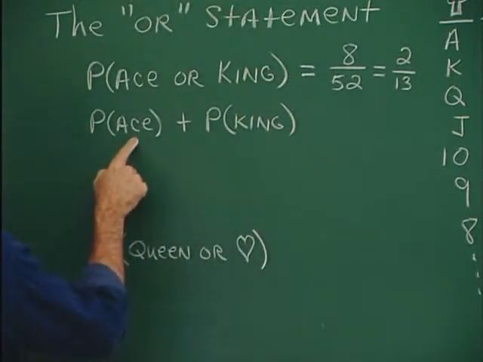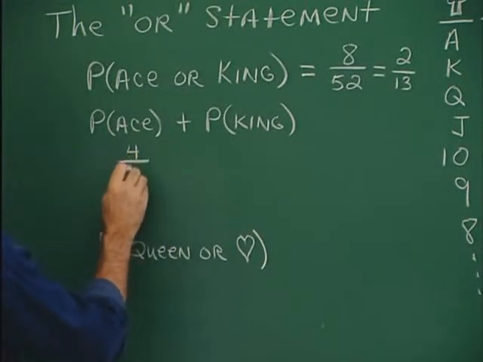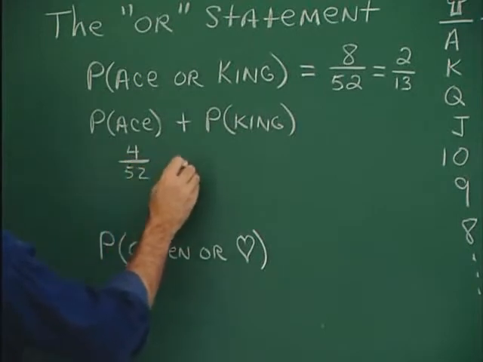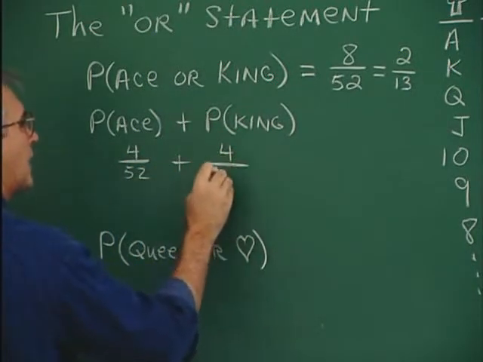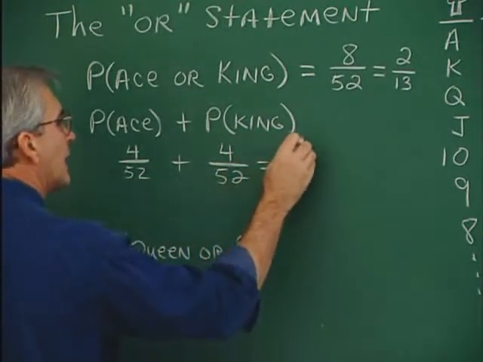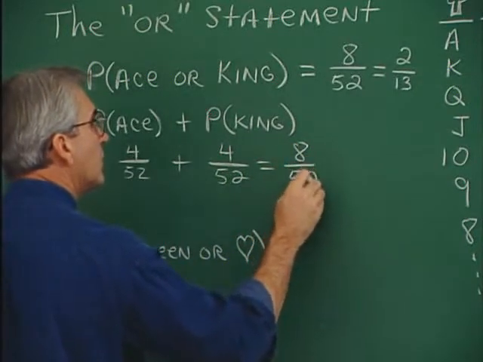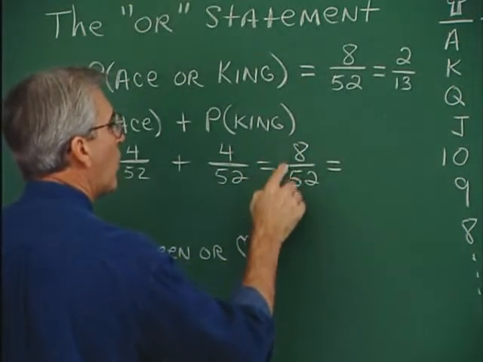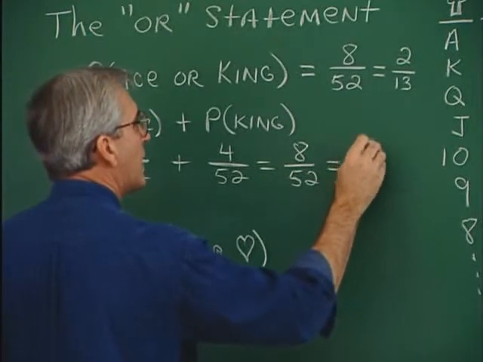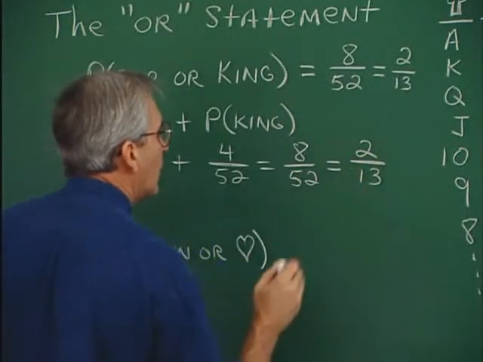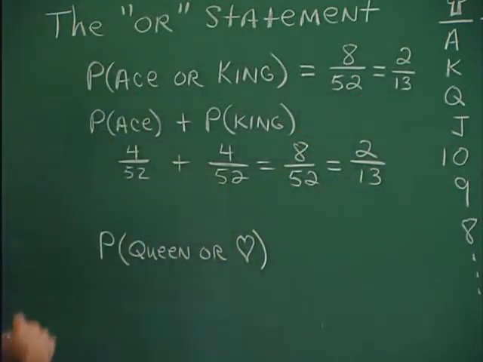There are 4 aces out of 52. There are 4 kings out of the 52 cards. That's the 8 out of 52. And dividing numerator and denominator by 4, it's 2 over 13. Okay, so the same idea. So we can add probabilities.